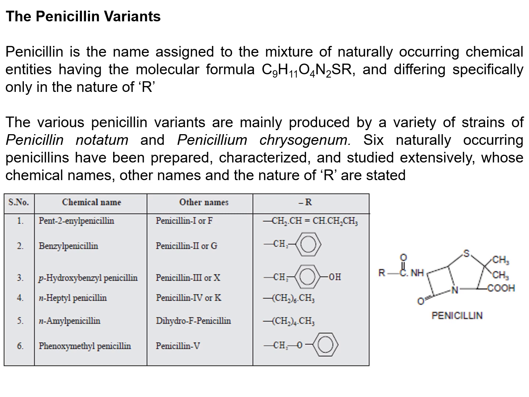Here the group is the N-amyl group in the case of dihydro F penicillin. And there is one other group called penicillin 5, where we find the phenoxymethyl group as the R group getting attached to the amide bond that protrudes outside of the penicillin lead structure.